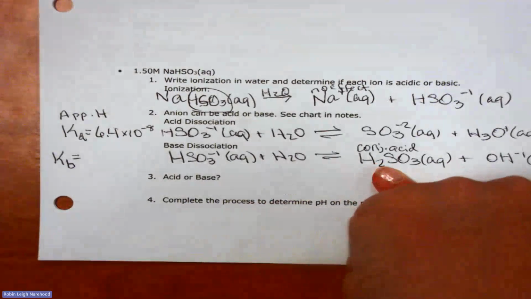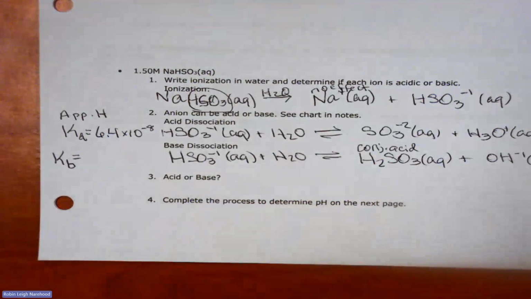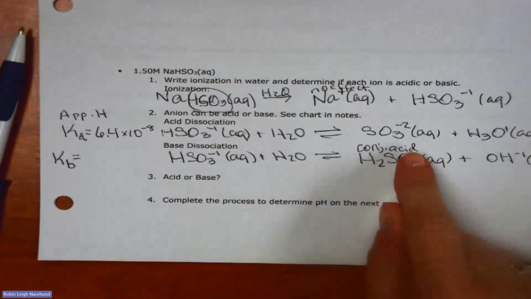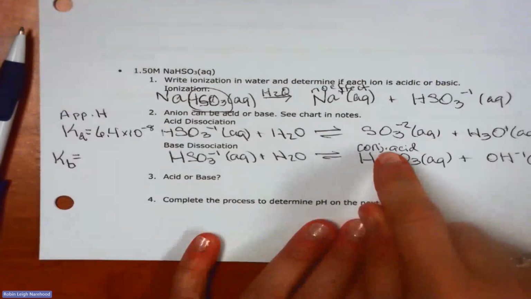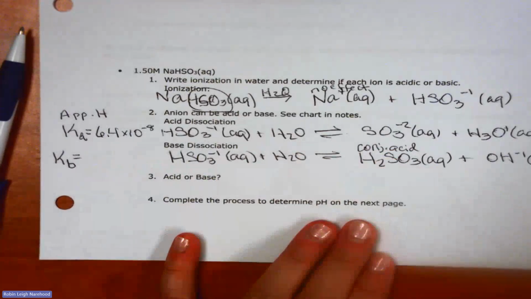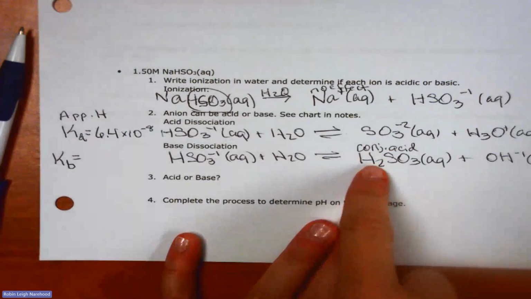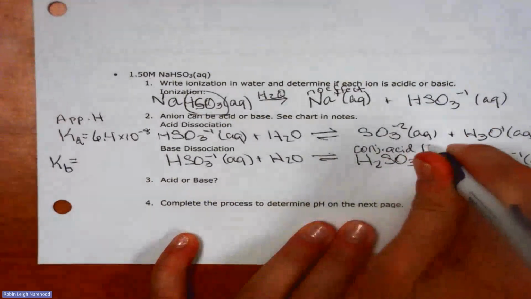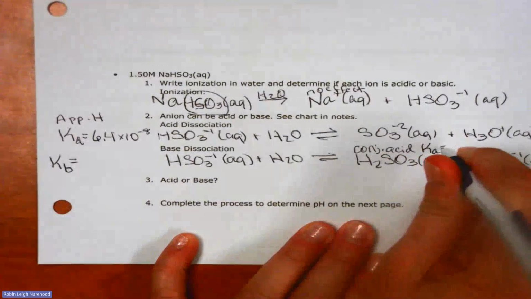The value of Kb depends on its conjugate's Ka. So it is important, when you have a base that is dissolved, that you write the conjugate acid on the other side and label it as a conjugate acid, because this will take you down the pathway of "I need this thing's Ka." So I'm going to put right next to conjugate acid, Ka equals.